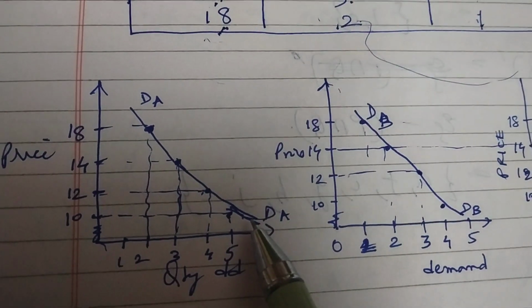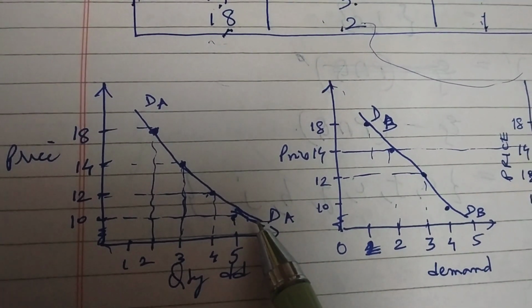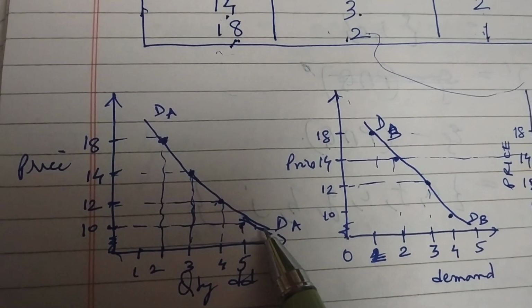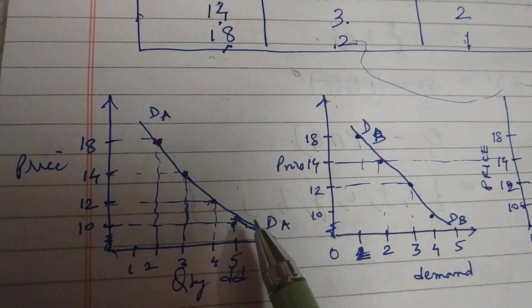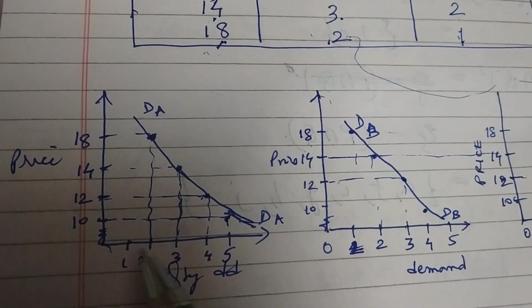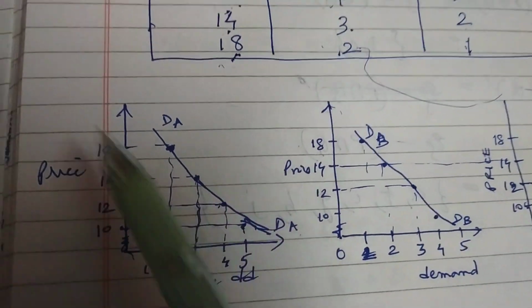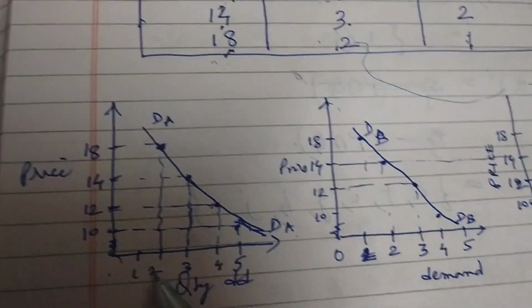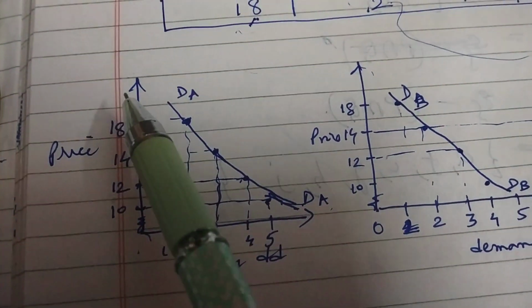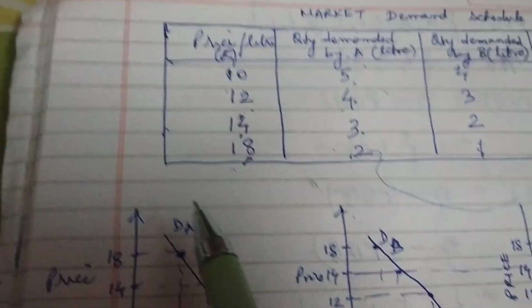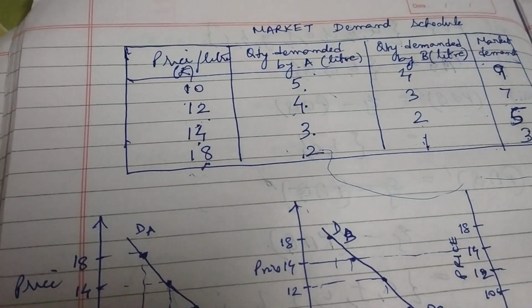Because demand and price are inversely related to each other. Now children, you have all done graphs in the junior classes and we know we have taken two axes. This is the x-axis, this is the y-axis. We plot demand on the x-axis and price on the y-axis. Now see, I have plotted this demand schedule here.